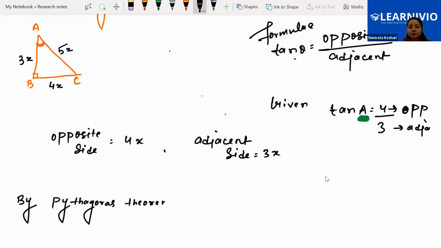Let's see how. By the Pythagoras theorem, we know that AC square is equal to AB square plus BC square.